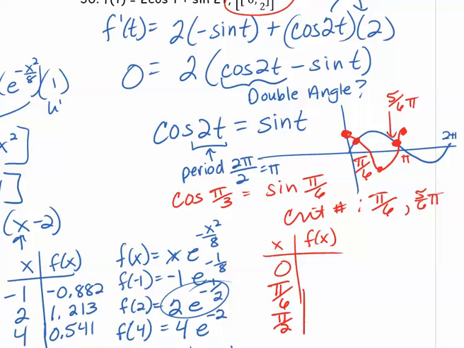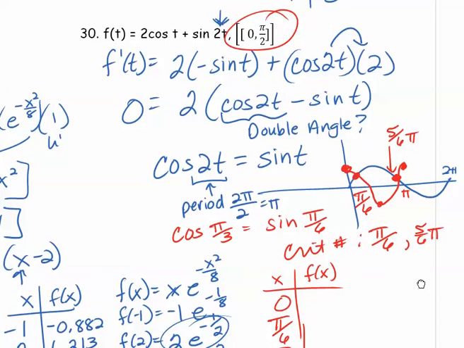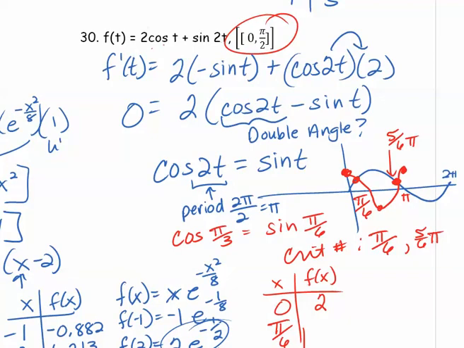All right, so let's go back to our original function and put these in here. We want 2 times the cosine of 0, which is 1, and the sine of 0 is 0. So our first y coordinate would be 2. Now let's put pi over 6 into the original function. The cosine of pi over 6 is square root of 3 over 2, so when we double it, that gives us a square root of 3.